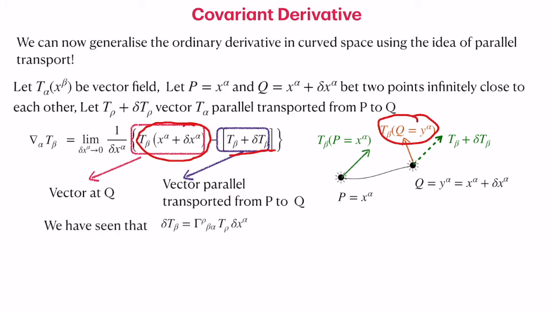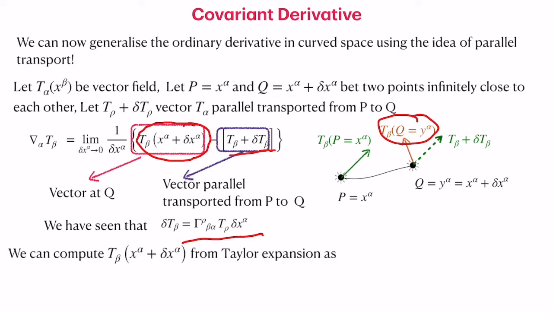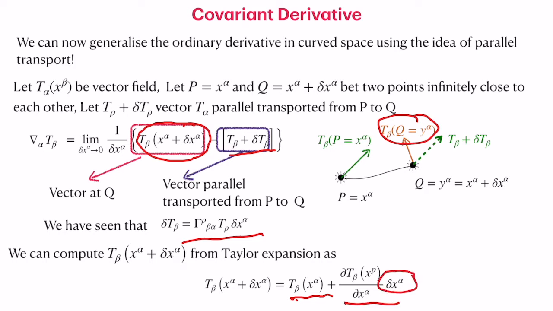Now we have seen earlier delta T beta can be written as minus gamma rho beta alpha T rho delta x alpha. We have assumed the change acquired because of parallel transport takes this form. So that is the expression for delta T beta. Now we can also get T beta from the Taylor expansion at point P, that is T beta of x alpha plus delta x alpha can be written as T beta at x alpha, that is at P, plus dT beta by dx alpha into delta x alpha.